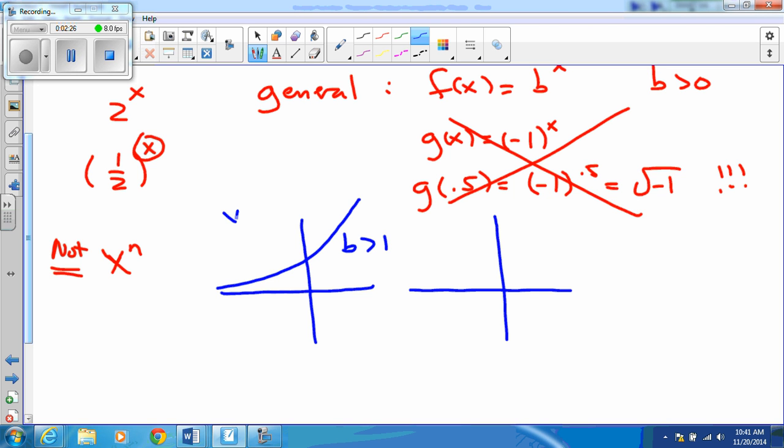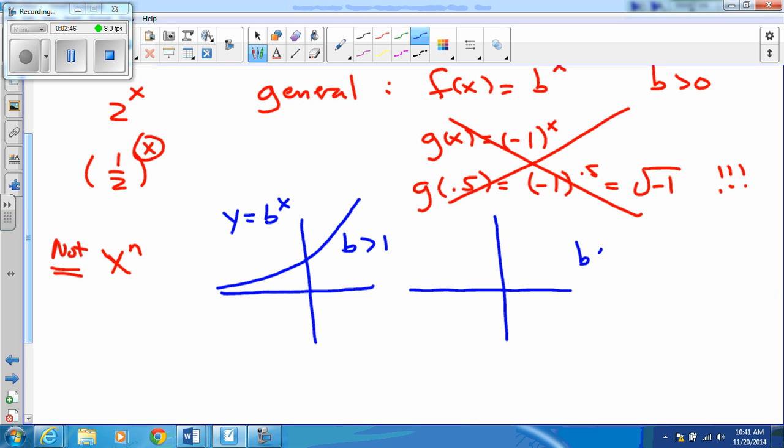The reason for that is simply that if my value b is greater than 1, then as I multiply it by itself x times, which is the integer sense of exponents, I'm going to get an ever-increasingly larger number. So that's the intuitive argument.